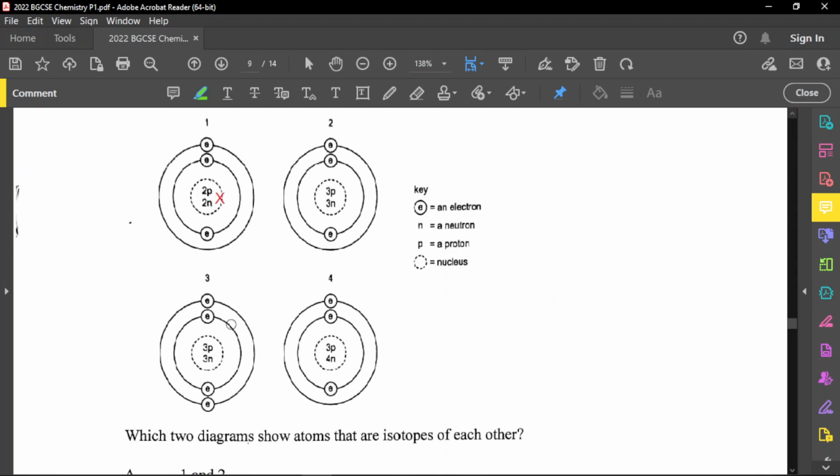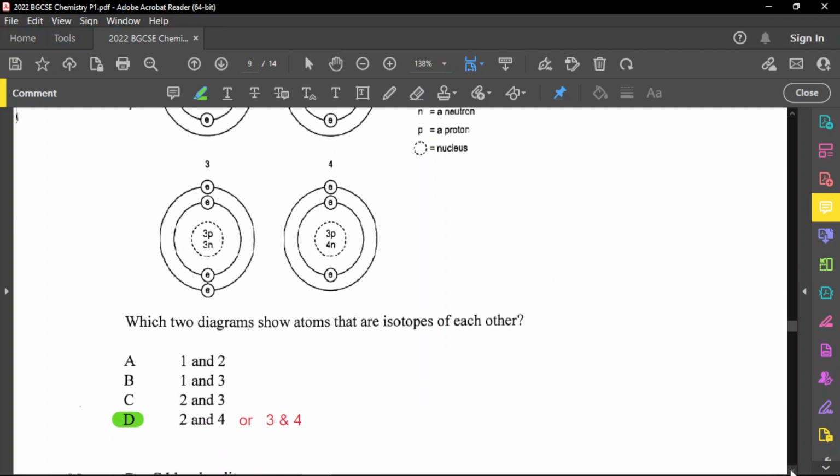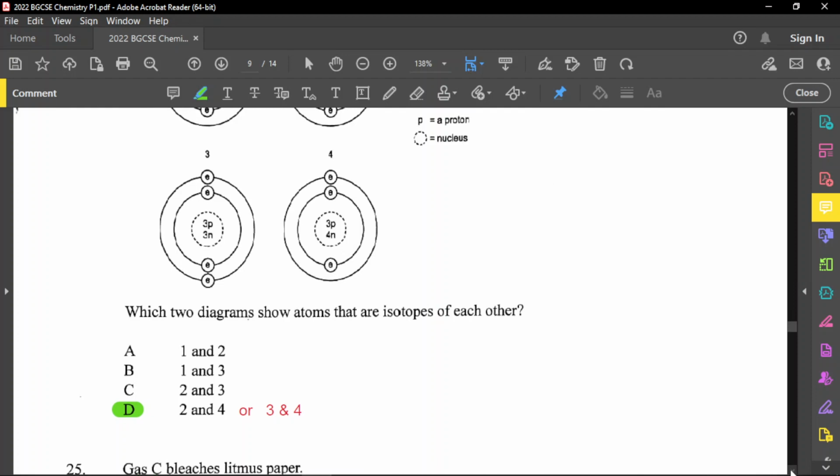No, I lied. 2 and 3 cannot be. Why can 2 and 3 not work? Because if you notice, 2 and 3 are the exact same thing, which means 3 protons, 3 neutrons. So based on these structures, the only possibility is really 2 and 4 and 3 and 4. Because again, 2 and 3 are the exact same thing.